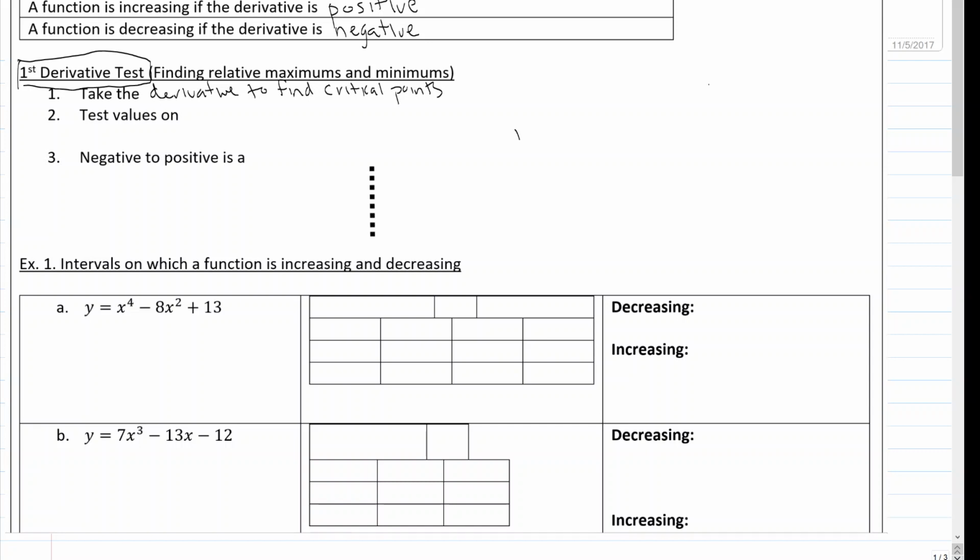We're going to be testing values on either side of each of the critical points. Now, we aren't testing these in the original function. This time, unlike absolute extrema, we are testing these in the derivative.